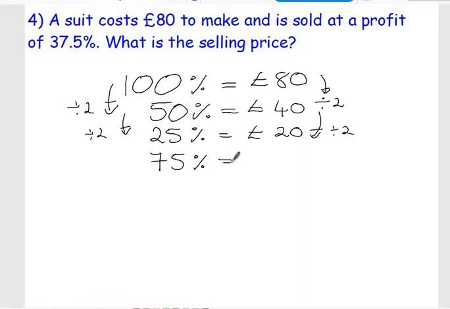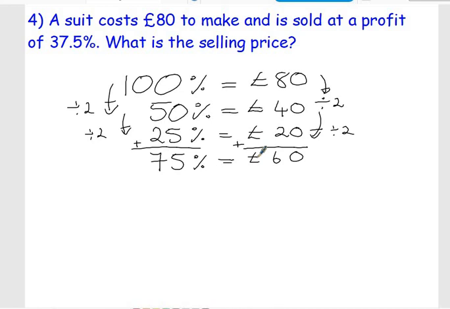If we add the 50% and the 25%, then it's going to give us 75%. So we can see that 75% of £80 is £60.